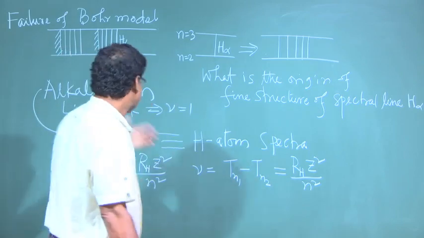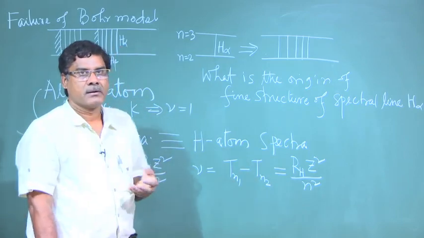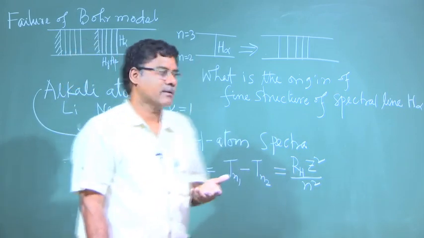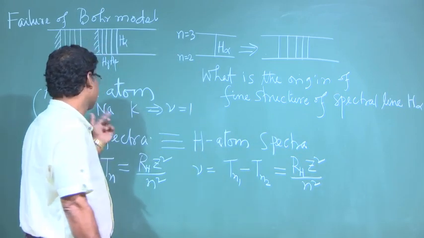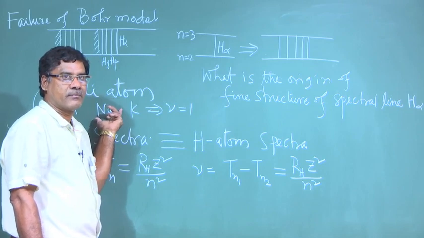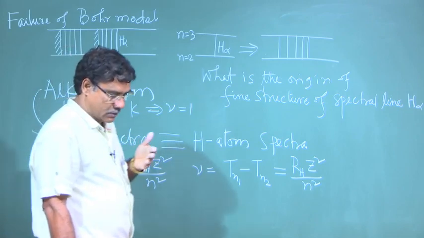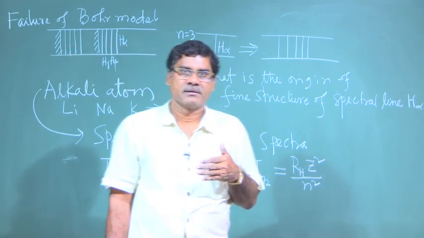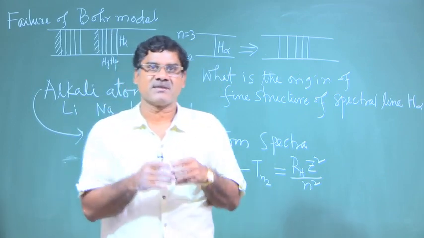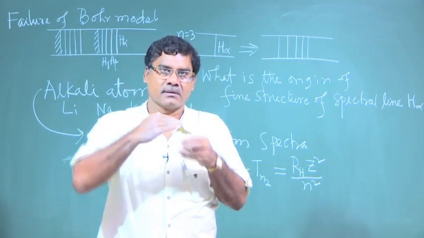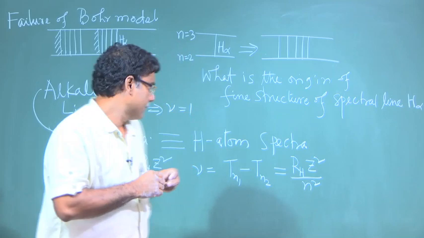Since this alkali atom has more than 1 electron, lithium has 3 electrons, sodium has 11 electrons, right. But generally the outer electron participates in the transition.